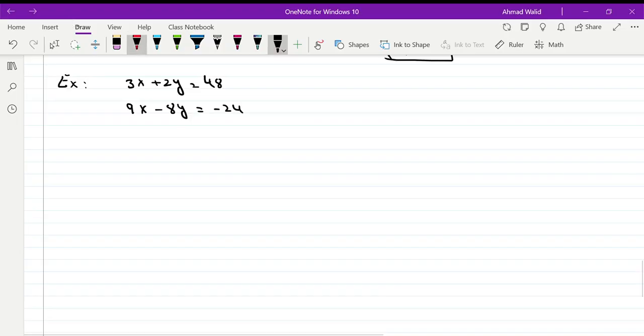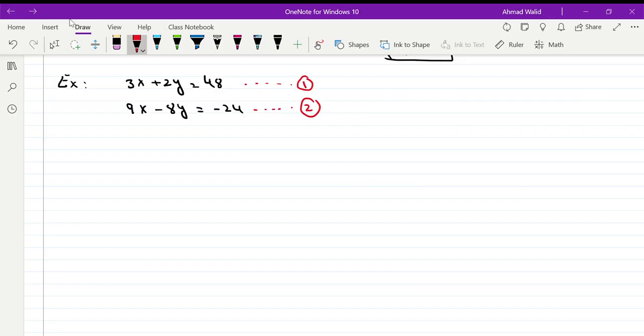This system is not as easy as the first example. In the first example, the coefficients of x in both equations were the same but opposite sign. Now, what to do to eliminate one of the variables here?